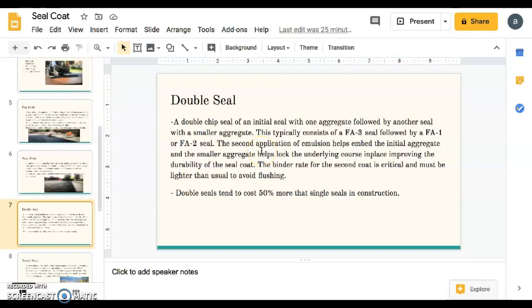The second application of emulsion helps embed the initial aggregate, and the smaller aggregate helps lock the underlying course in place, improving the durability of the seal coat. The binder rate for the second coat is critical and must be lighter than usual to avoid flushing. Double seals tend to cost 50% more than single seals in construction for heavy civil.